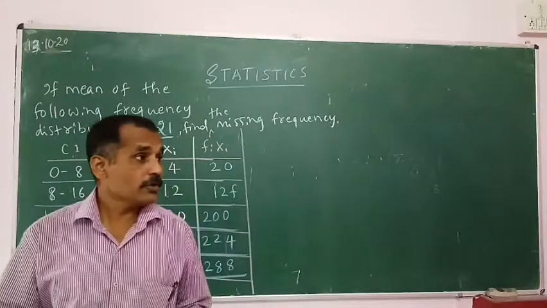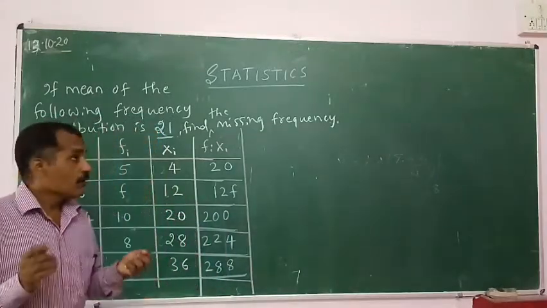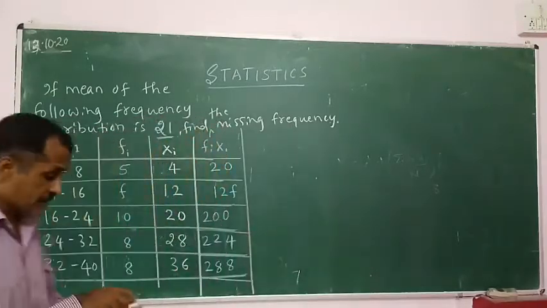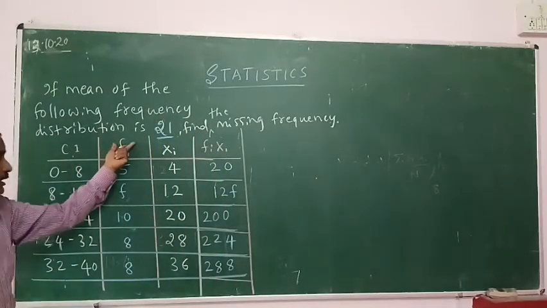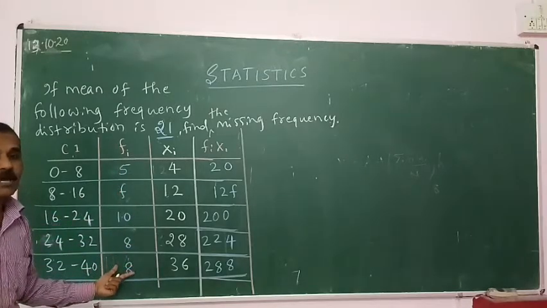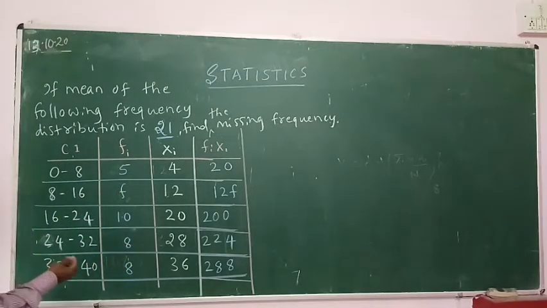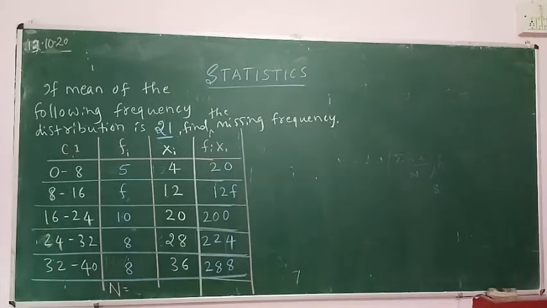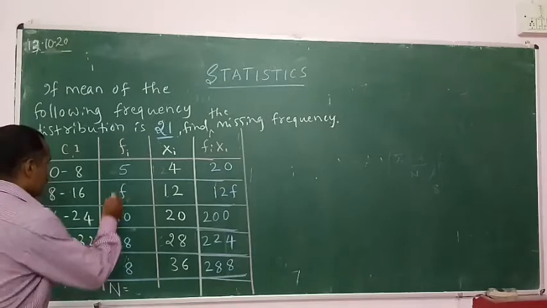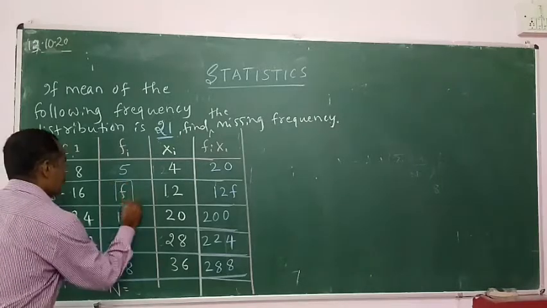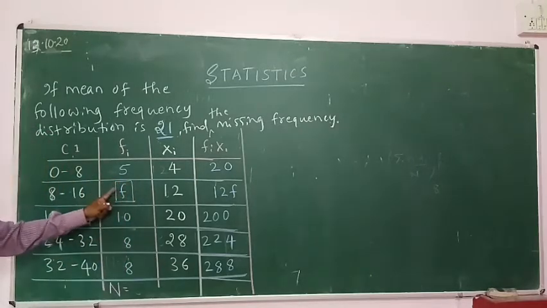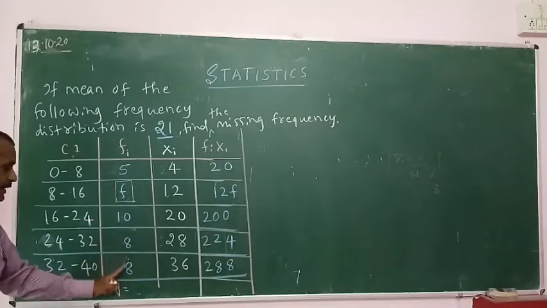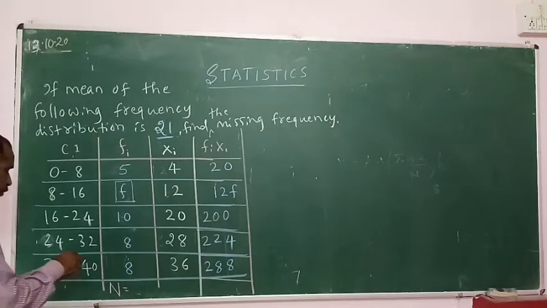My dear children, I have told you which are the two columns to be added. So first one, as usual, always the frequency has to be added. When you add the frequency, this is called n. This is the missing frequency which has to be found. Except this we add the others. 15 plus 8, 23. 23 plus 8, it is 31.